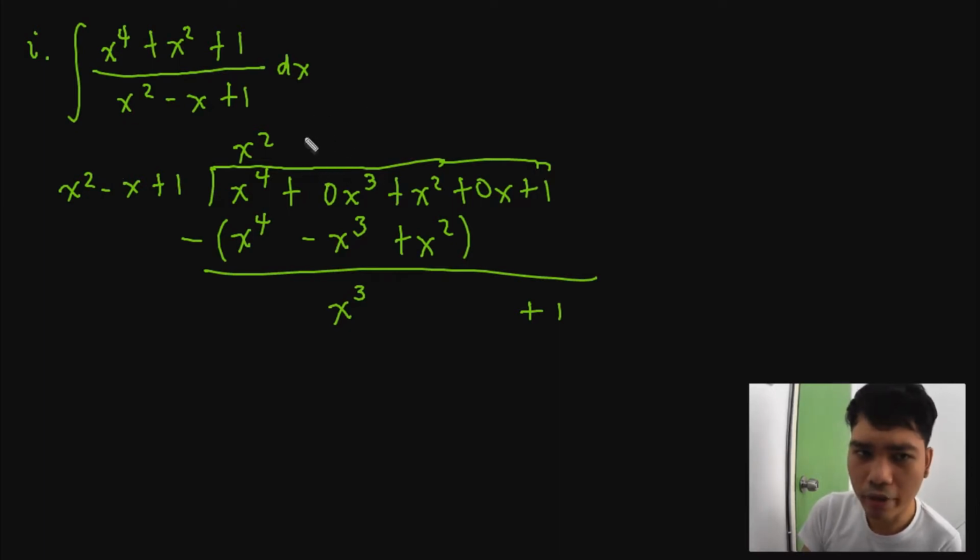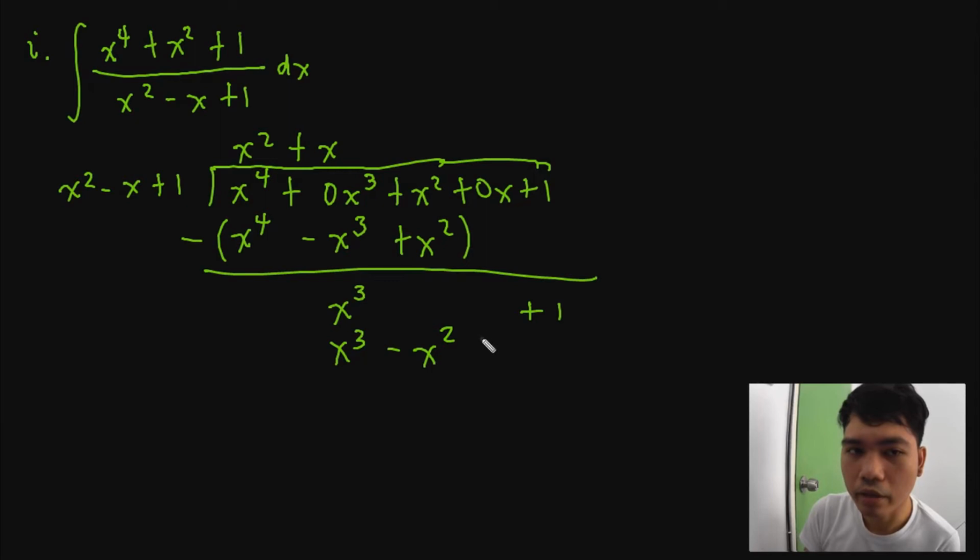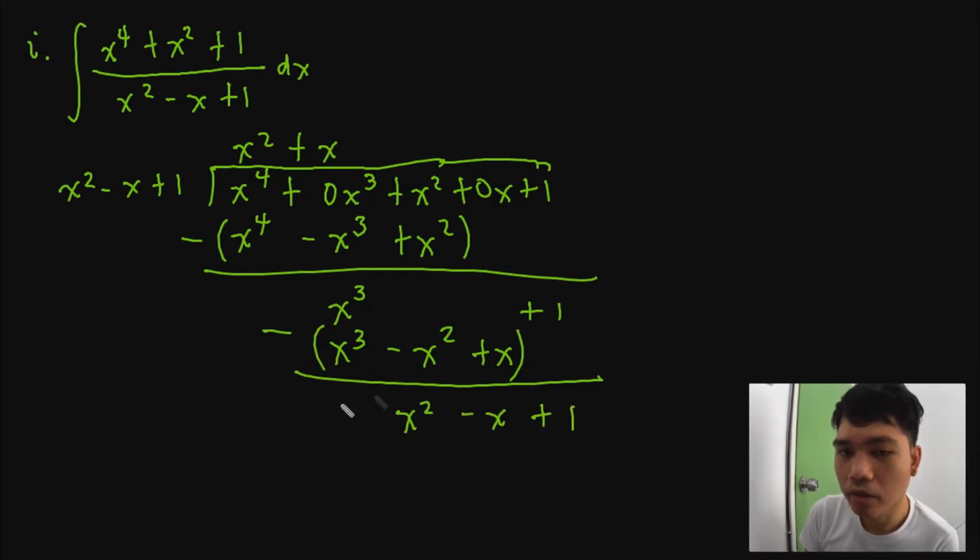Anyway, so we have plus x. Okay, so plus x, and then we have x cubed, and then minus x squared, and then plus x. Now you can subtract this, and we get positive x squared minus x plus 1. So there's always that plus 1. Then dividing this by x squared, what remains is plus 1.